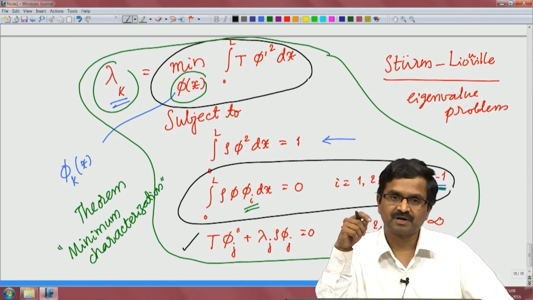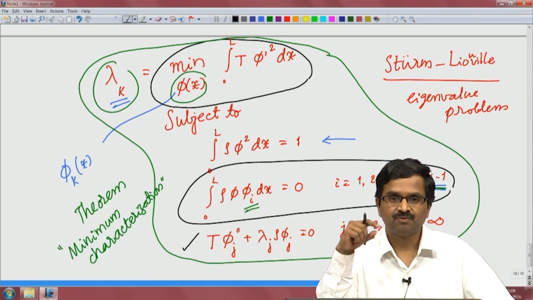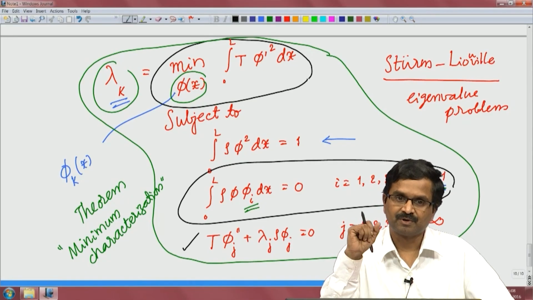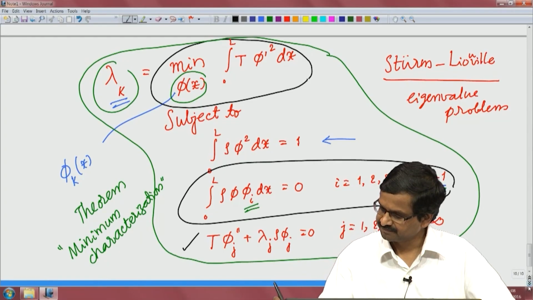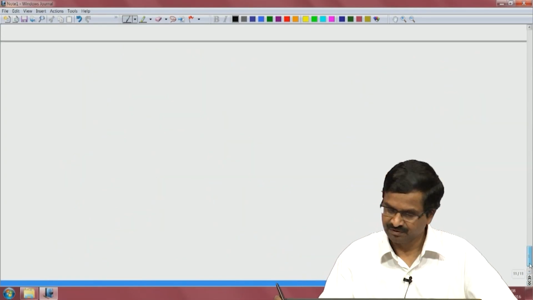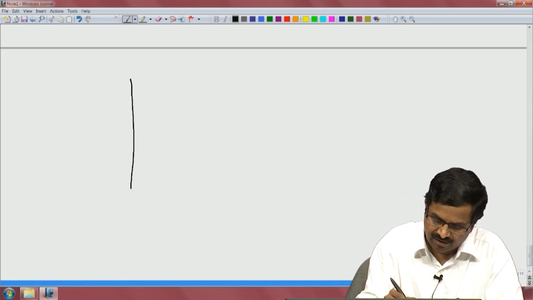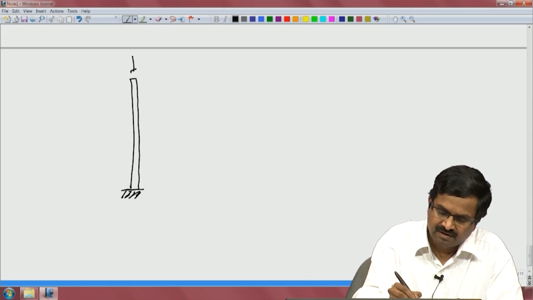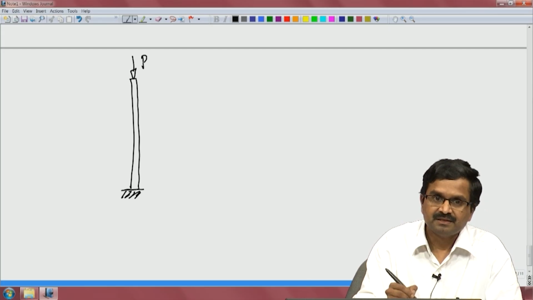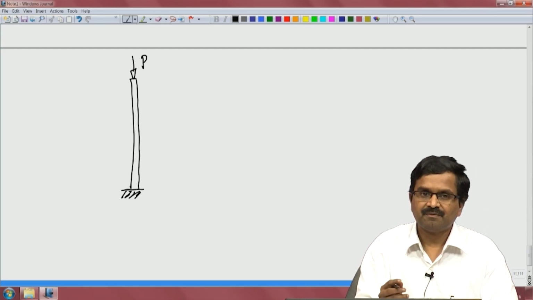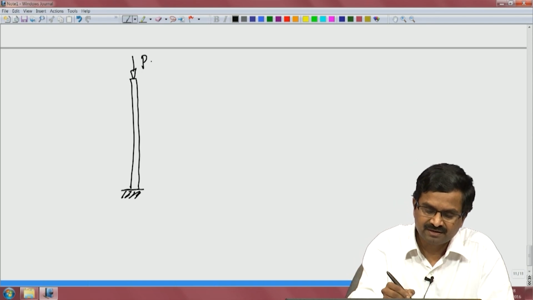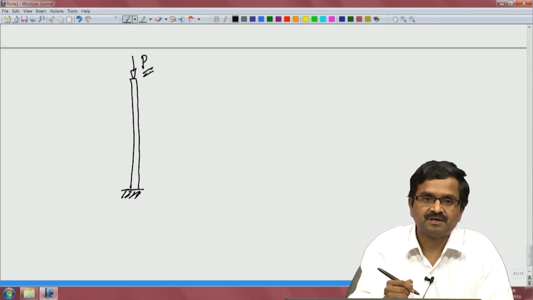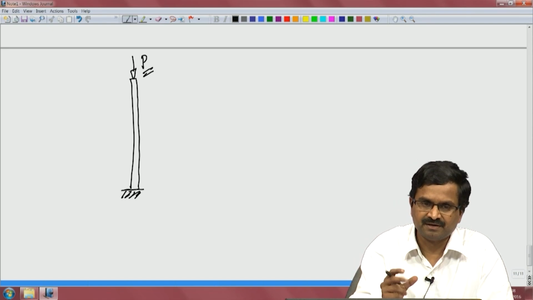That will be useful for us in structural design, which is what we will consider in the context of buckling. Buckling is also an eigenvalue problem, because when you take, let us say, a beam or a column as we call it, when we apply a compressive load, this column will become unstable beyond a certain value of this compressive load. We all have the familiar things.